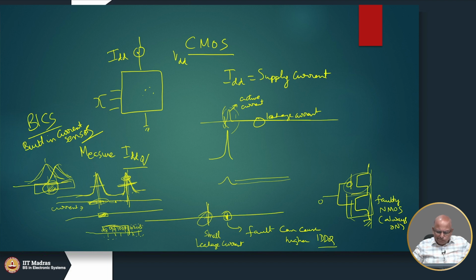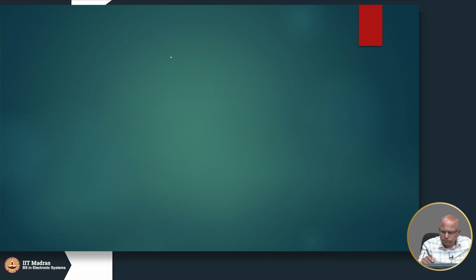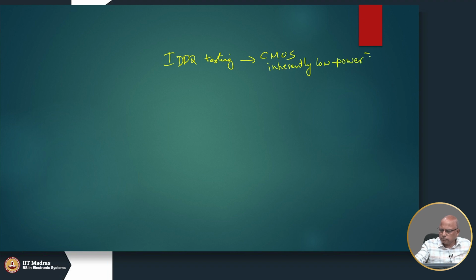Is that clear? So IDDQ testing is only meant for CMOS circuits, others you cannot do, because CMOS is inherently low power. That is the reason why IDDQ testing works for CMOS.